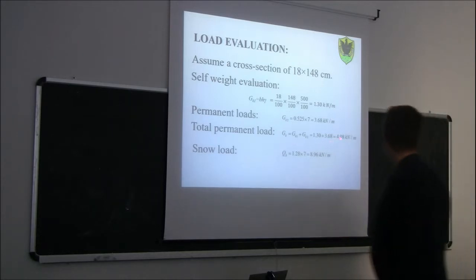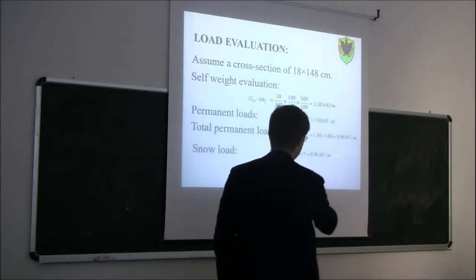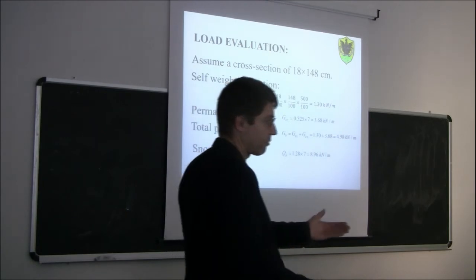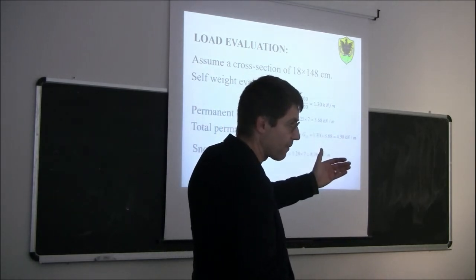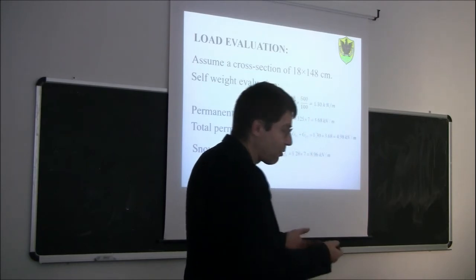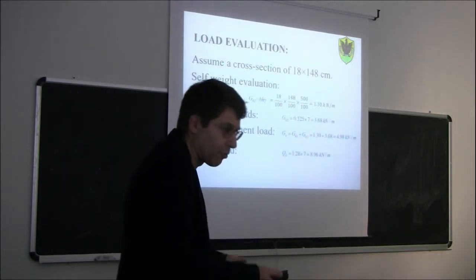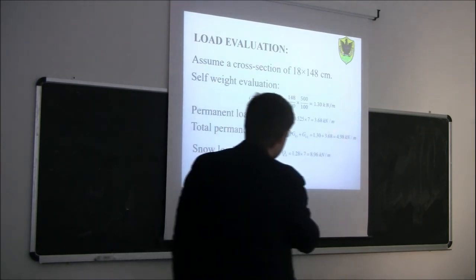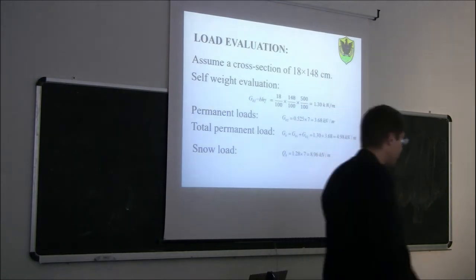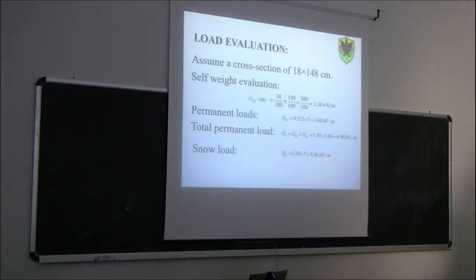If you compare the self-weight of the whole structure with the snow load, which is the actual variable load, you could say that the roof is built to resist itself, but mostly to resist the snow, otherwise we wouldn't need any roof. So the self-weight is 5 out of 9. The self-weight of the timber structure is about 50%, well, a little bit more, like 60% of the live load.